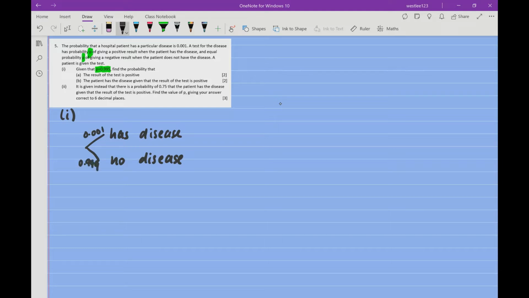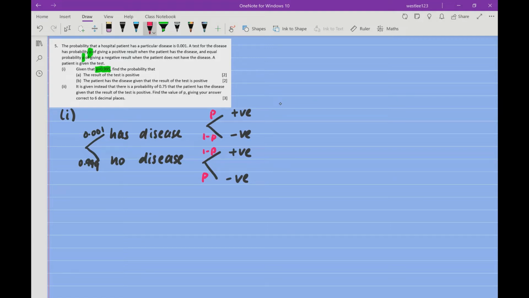This is 0.999. And for someone who has disease, he can be tested positive or negative. Similarly, for someone who has no disease, he has a chance of being tested positive and negative. So this is P, this is 1 minus P. P, 1 minus P.